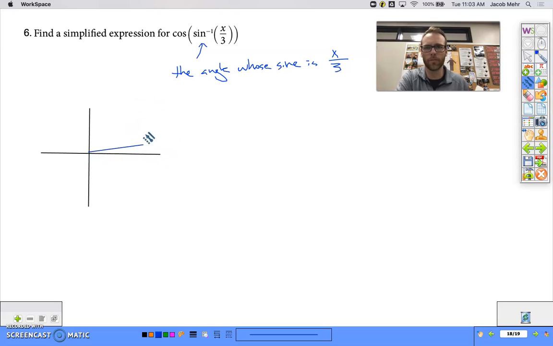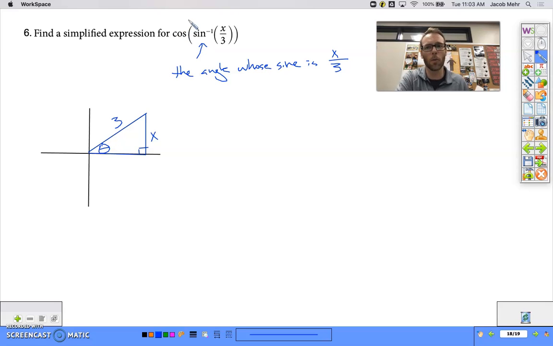Now, we don't know really what the lengths are here, so how you draw your triangle isn't too important. But let's call this our angle, and this says the angle whose sine is x over 3. There's my angle, and the sine needs to be x over 3. So I'll let my opposite be x, my hypotenuse be 3.